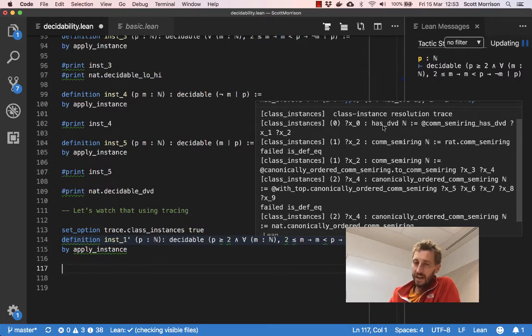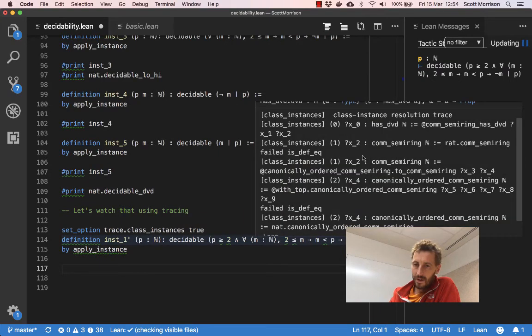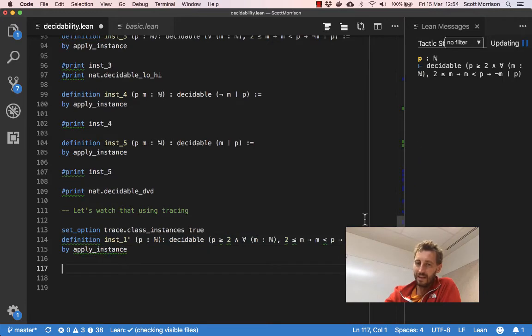So it says, what I need is an instance of has_div on the natural numbers. Its first guess is a function, comm_semiring.to_has_div, which says that anytime you've got an instance of comm_semiring, you can extract from that an instance of has_div. So then it goes away and looks for an instance of comm_semiring.